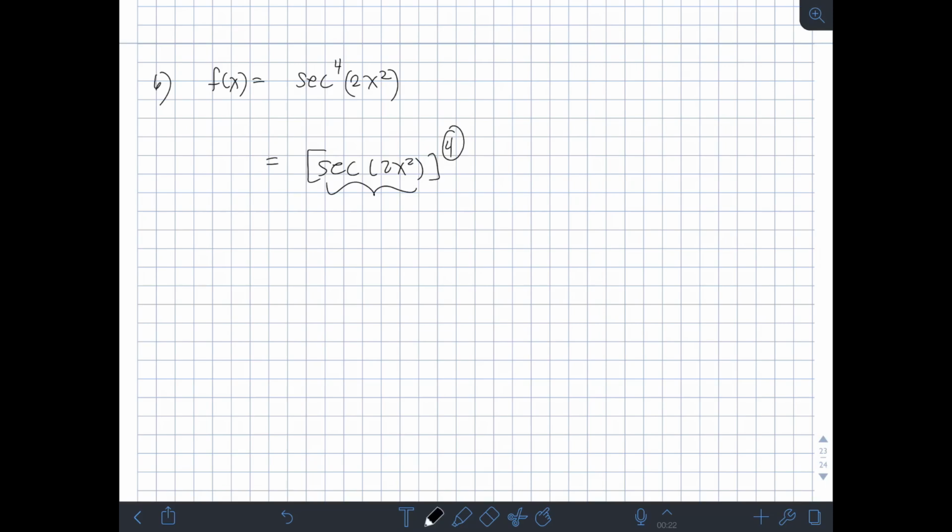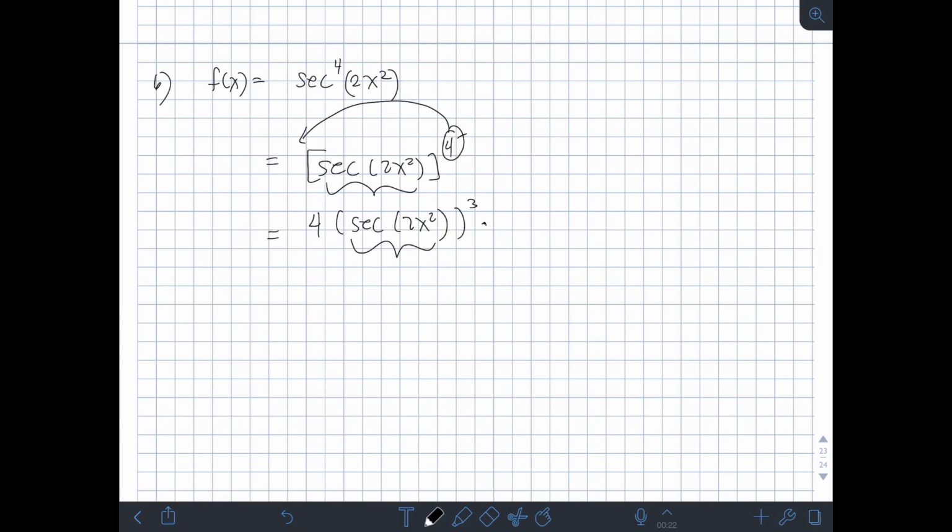So, sige, try natin. So, therefore, power formula muna, baba si 4 times copy yung inside function na secant of 2x squared, then bawasan natin yung exponent ng 4 na isa, applying power rule, magiging 3, times derivative ng inside function na secant of 2x squared.